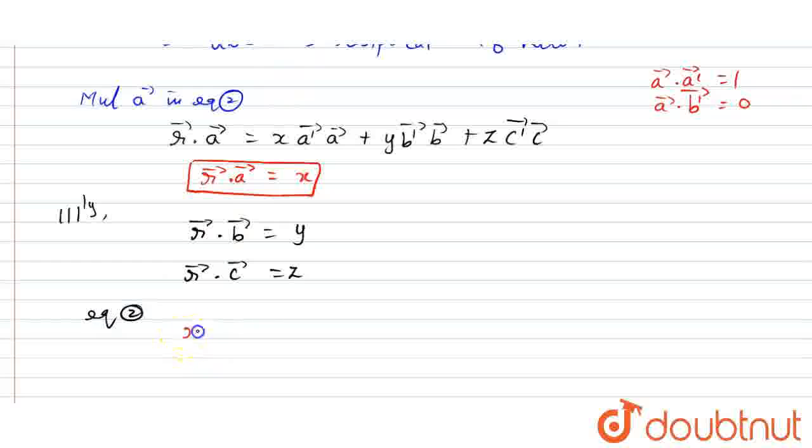So equation 2: r vector equals r vector dot a vector into a dash vector, plus r vector dot b vector into b dash vector, plus r vector dot c vector into c dash vector.